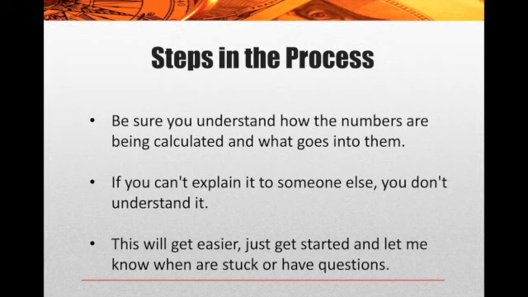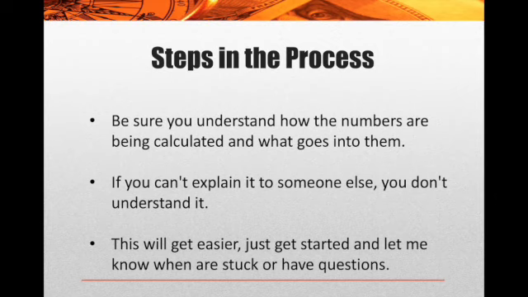Another way to look at it, and this is good for anything in finance at all: if you see a number and you can't explain it to someone else, if you don't know what went into that number and you can't explain it, you don't understand it. So if someone says to you, here's how much money you'll have in 10 years, blah, blah, blah, well, if you can't say that in 10 years at an 8% return, I will have $331,863.42, but if I get a 6% return, I get $264,000, whatever else it is.